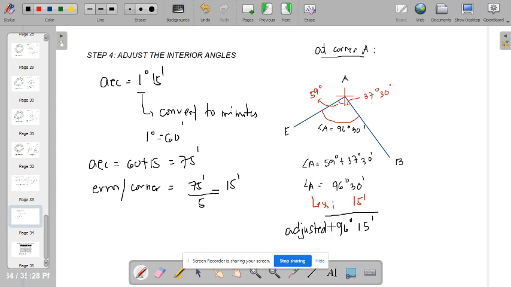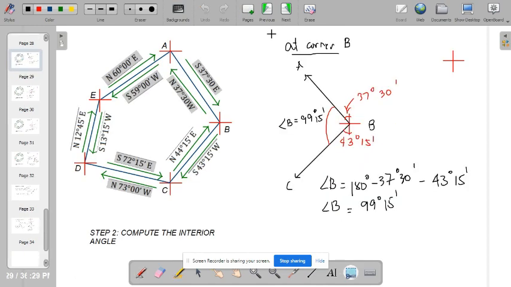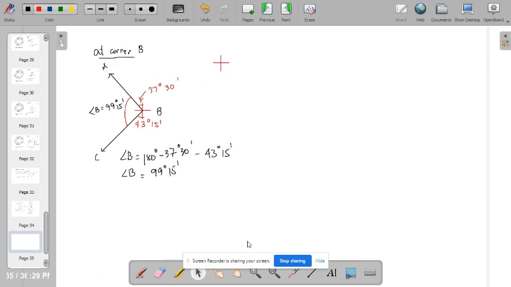This is your adjusted now. Okay, now after getting this adjustment, you go to the next one, which is corner B. So this will also be less 15 and you get 99 degrees. So this is your adjusted interior angle.